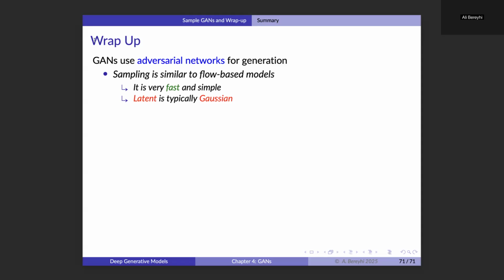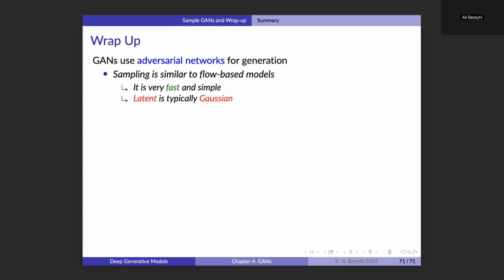So now, to wrap up the whole chapter of GAN architectures, first thing is that GAN is just an adversarial network. So anything that has this generator-discriminator architecture, and they play around in a min-max form, such that one of them tries to fool the other, this is a GAN, right?